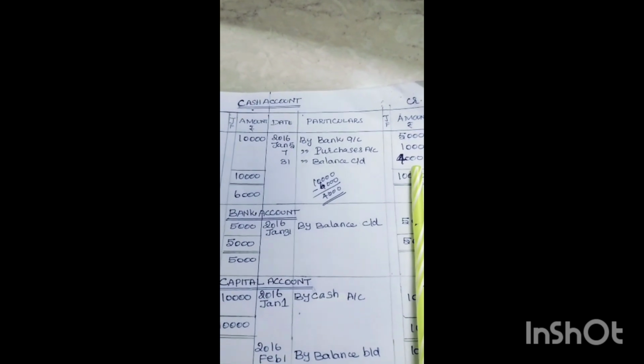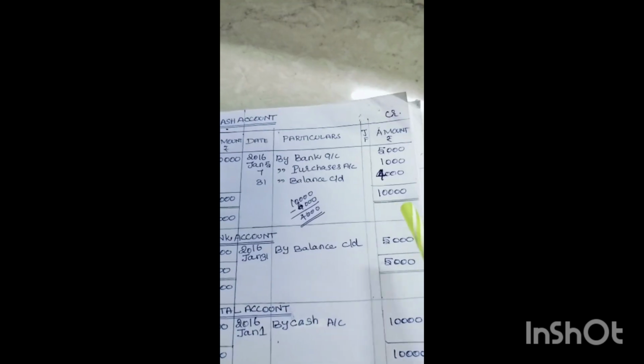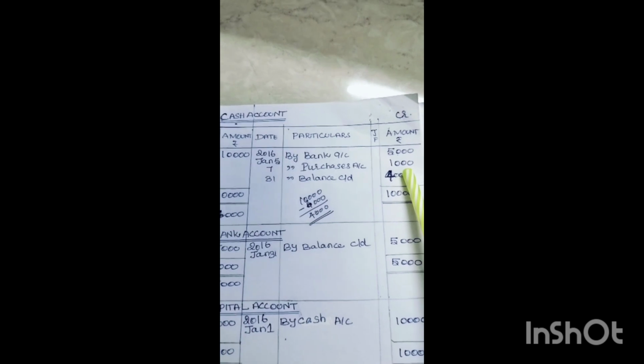Then what do we do? We have to take this 4,000 and bring it down, opposite and below the total. What is the opposite side from the credit?